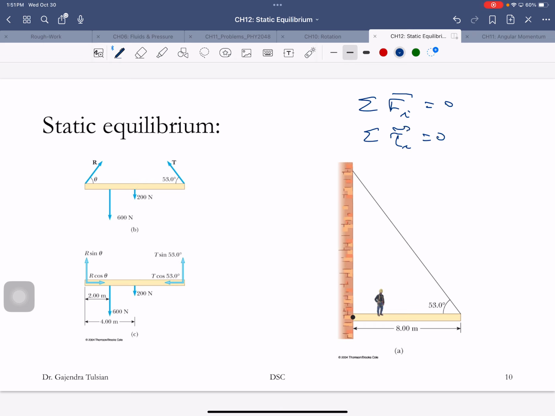Now, when you calculate the torques of these forces, the torques will depend upon what point you calculate the torques about. So you can calculate the torque about this point, or you can calculate the torque about this point.